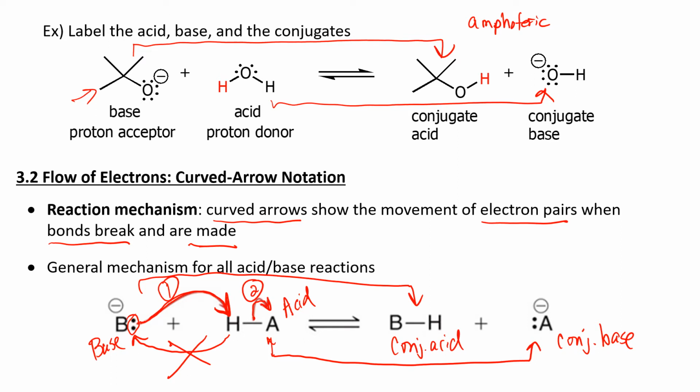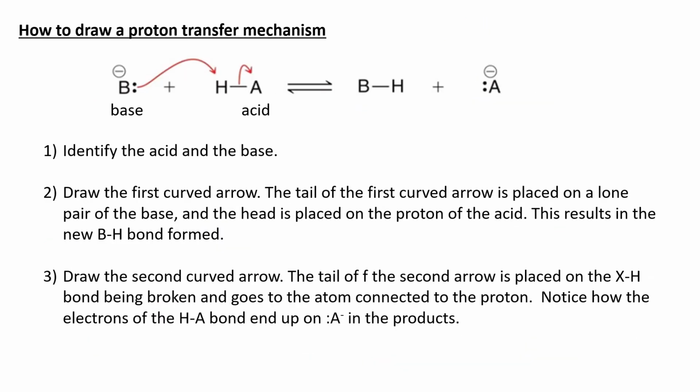So if you learn this basic pattern, you'll be all right. All right. So let's quickly go over how to draw a proton transfer mechanism. First, you need to identify the acid and the base. If you're not sure what your base is, you're not going to know where to start the tail of the arrow.